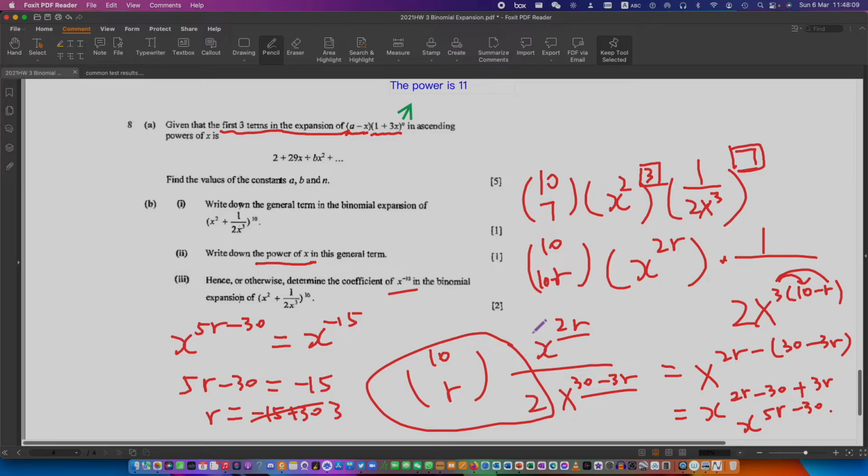Okay? Are you clear? So you see, you can make mistakes, but there is always a check. There is always a check there for you to verify. Hey, did I make a mistake somewhere? Okay? So you just solve this.